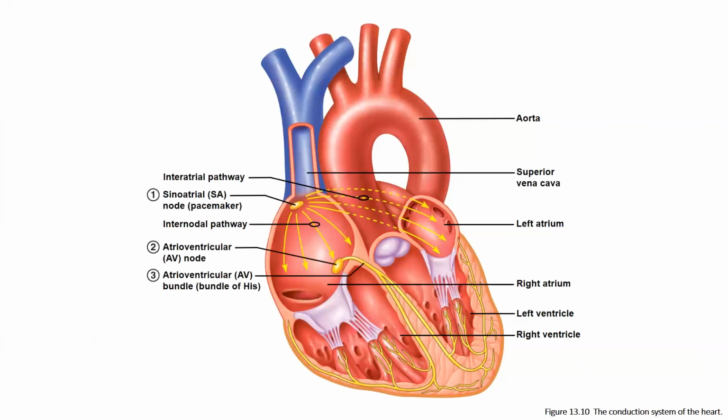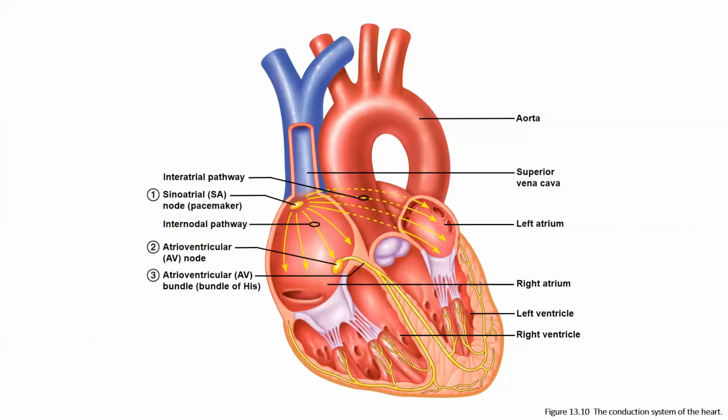Right? So now the impulse goes from the AV node down to the bundle of His. The bundle of His is basically in between the septum that separates both sides of your heart. So the septum here, separating left and right ventricle. In between that area is where we have your bundle of His. So we're not exactly exciting the entire ventricle just yet.